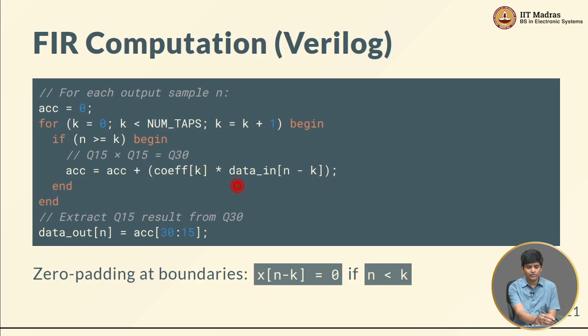So for loops are not directly implemented as state machines in Verilog. If you want something to be implemented as a state machine, you actually need to explicitly give it states. When you write a for loop, what happens in Verilog is it unrolls. It creates numtaps number of copies of this particular part of the code, and adds everything together at the end.